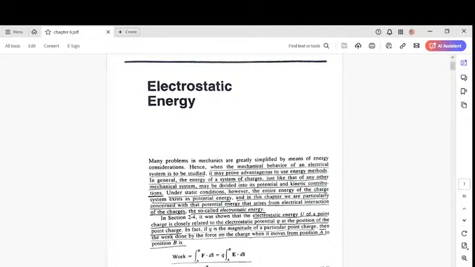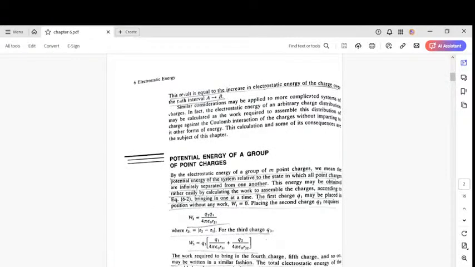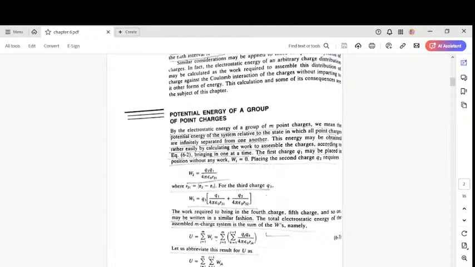The subtopics will include potential energy of a group of point charges.